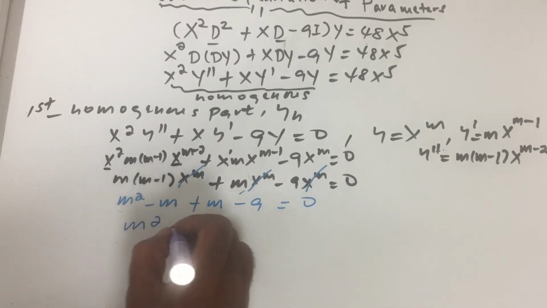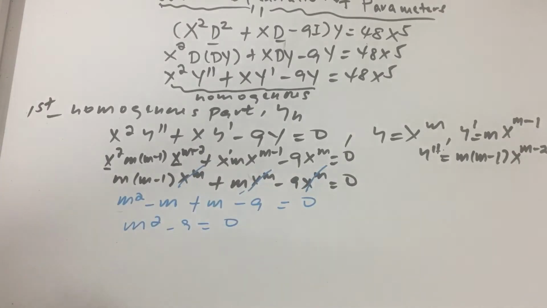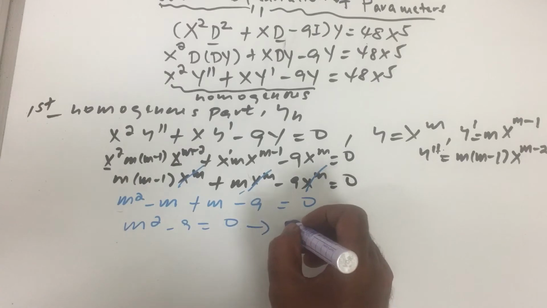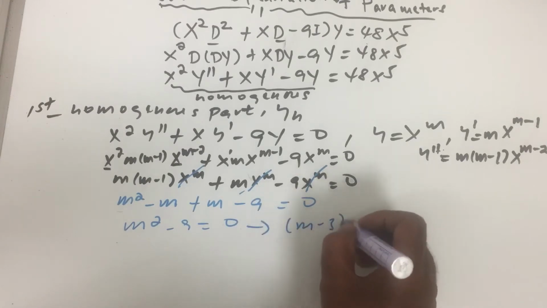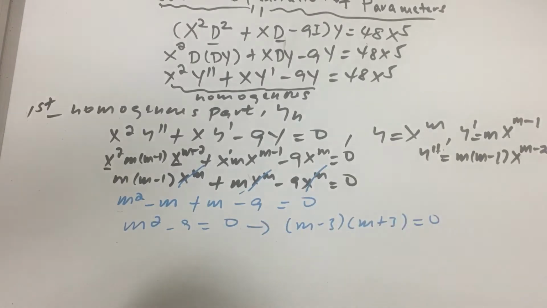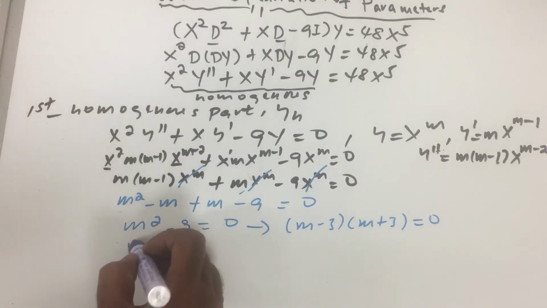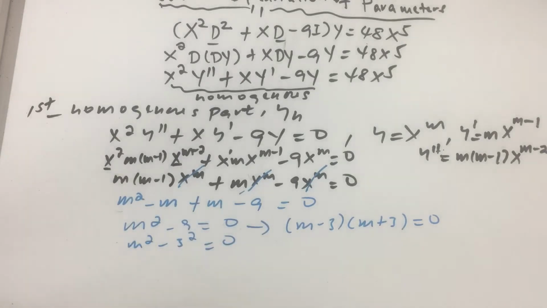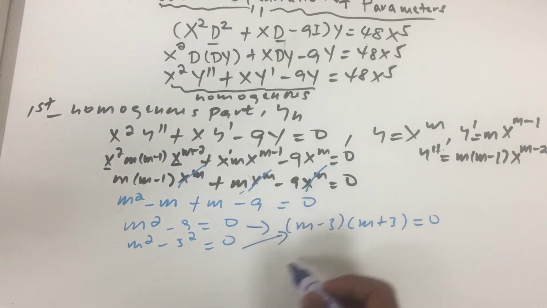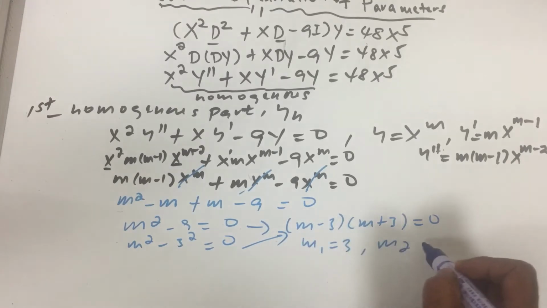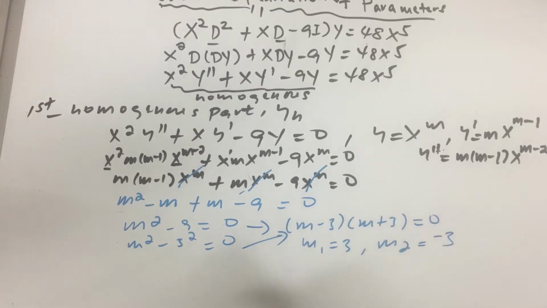So our final characteristic equation is m squared minus 9, which factors as m minus 3 times m plus 3 equal to 0, the difference of two squares. So m1 is 3 and m2 is minus 3.